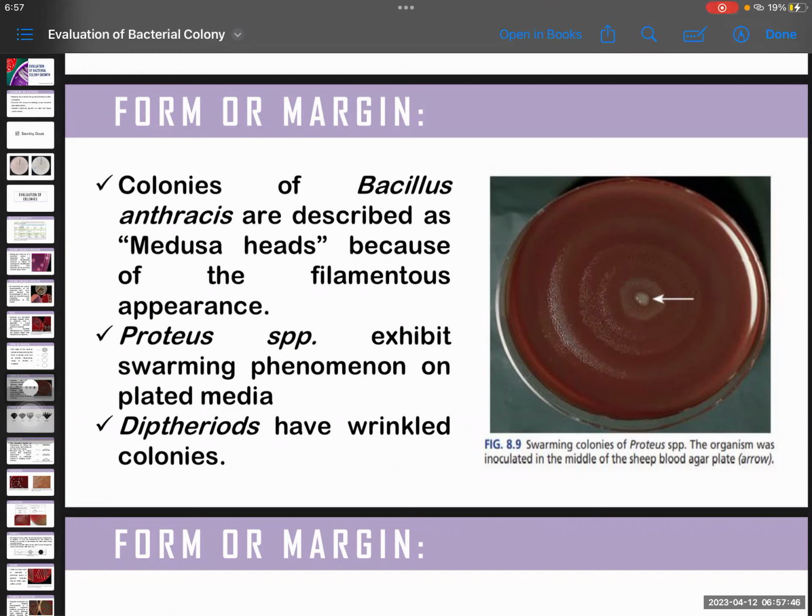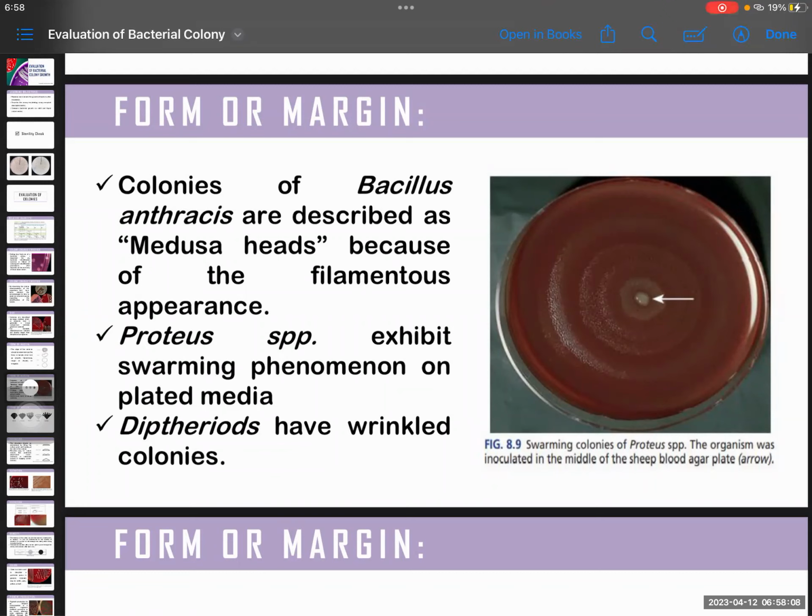As you can see from figure 8.9, this is the swarming of colonies of Proteus. Again, all Proteus species are capable of exhibiting this phenomenon or growth. Okay, nagsuswarm sila.